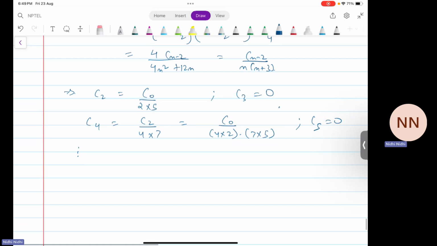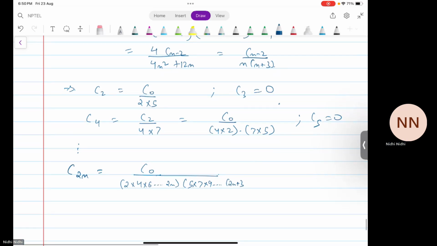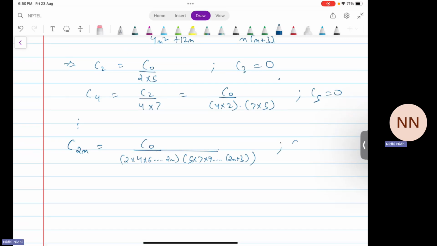And so on, we can see that C2n would be C0 by 2 times 4 times 6 and so on up to 2n, times 5, 7, 9, so on up to 2n plus 3. And C2n minus 1 would be 0.